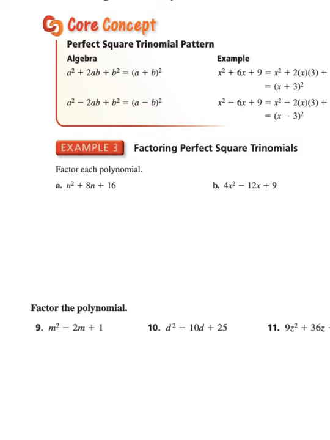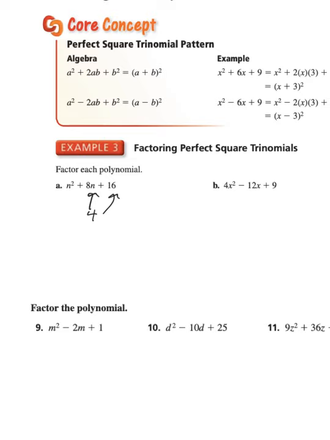But what you want to recognize though is if I take the square root of this number here, 4, and then I double it, I get the 8. The other way we were doing it in class was if we take the 8 and halve it, you get 4, and then square it, you get the 16.